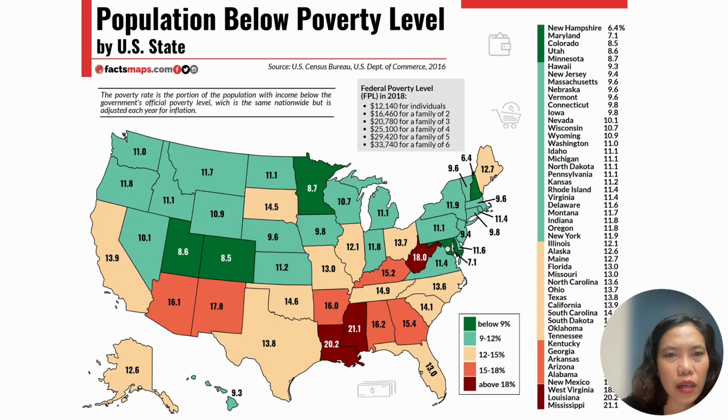I also have here an infographic from the US. So population below poverty level by US state. So we have here the poverty rate of different states. Below 9% are the dark green ones, and above 18% are the red ones.